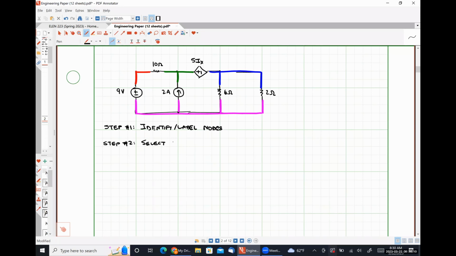Yep, I need to figure out what IX is going to be. So let's make IX that current.